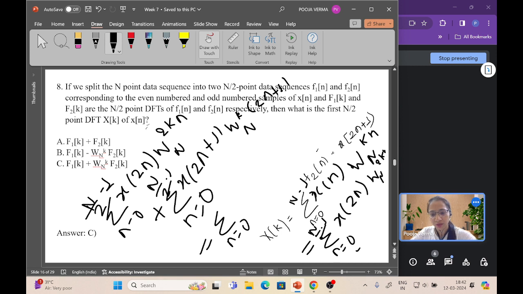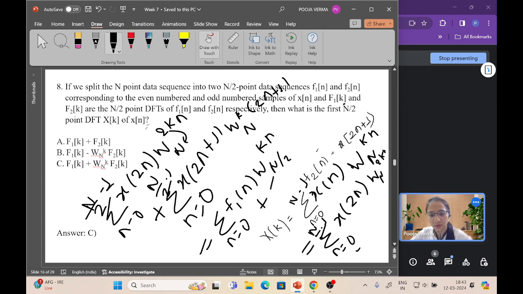Already we know that the even sequence DFT is represented as F1(k), that is x(2n). So it can be written as f1(n) with W belonging to N by 2. If we take the N by 2 in the denominator, it will come like this, right?